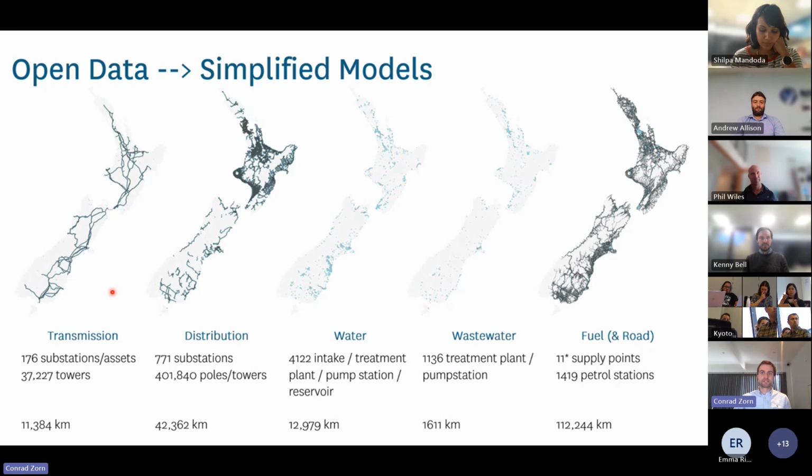You can't use topological models. An impact at a generation plant in the South Island can have effects across the whole island, so we need to add a bit more sophistication on this side. Water and wastewater are somewhere in the middle. They're quite isolated or separated little networks, so a bit easier to manage topologically.